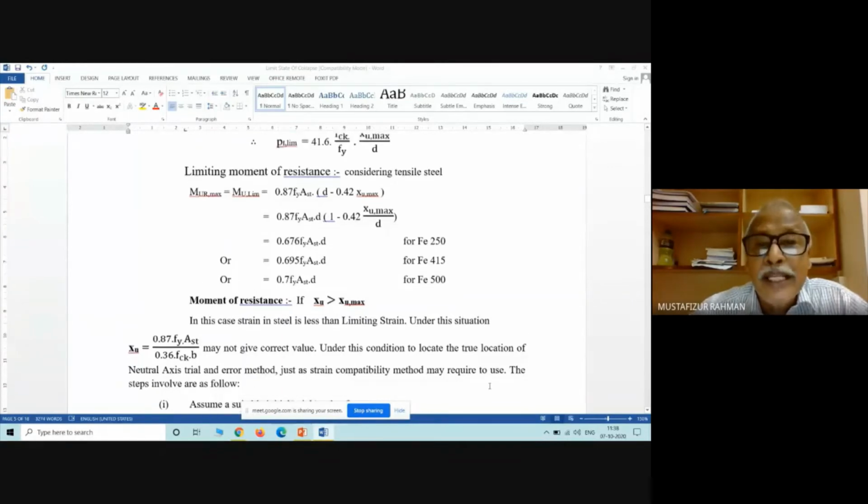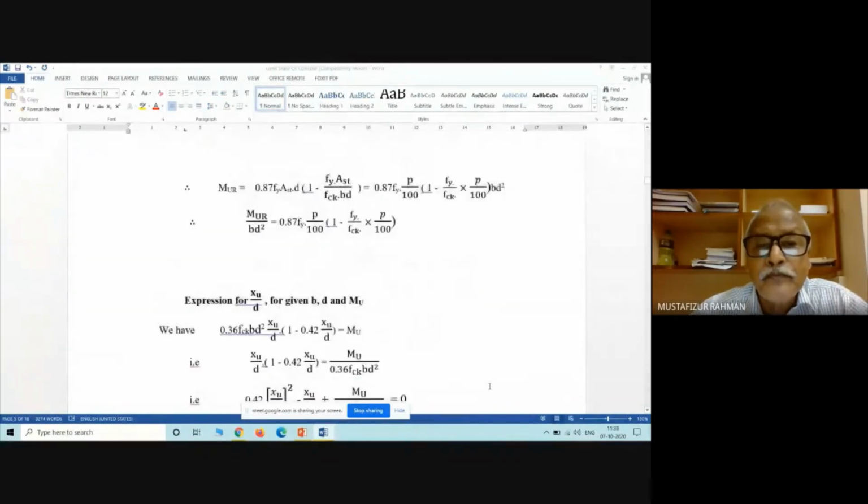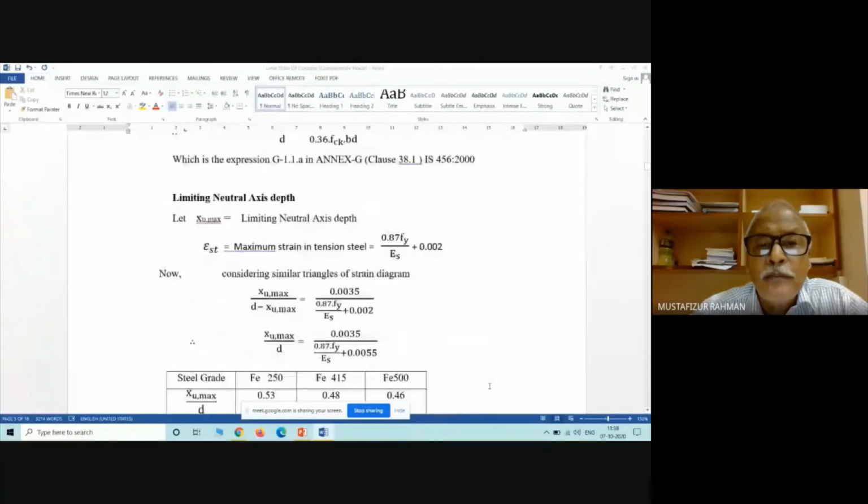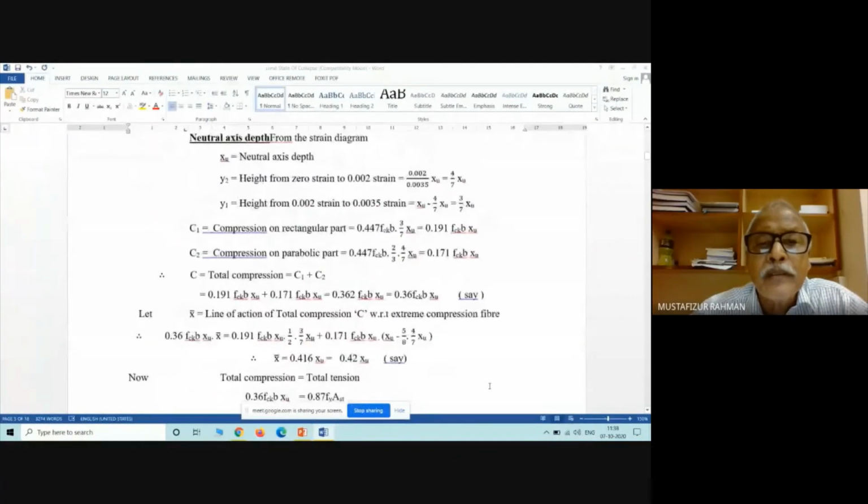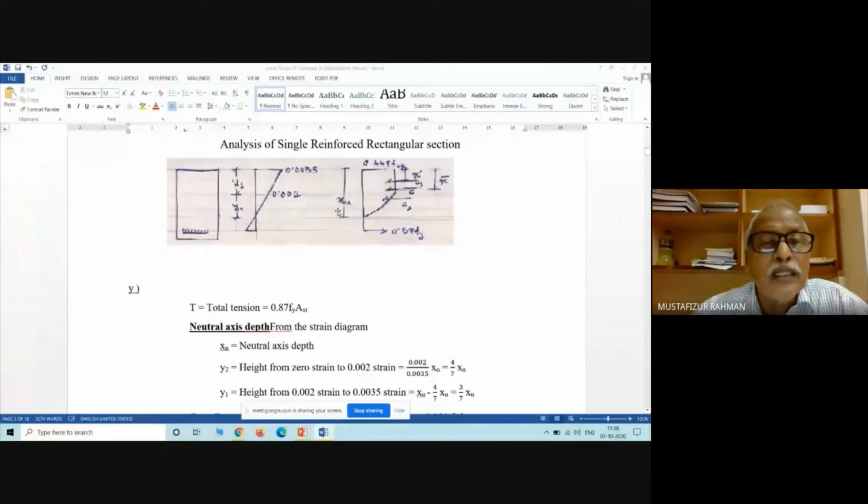Now, why? You see here in this figure, this is the strain line. This drawing I had done with respect to the equilibrium condition.